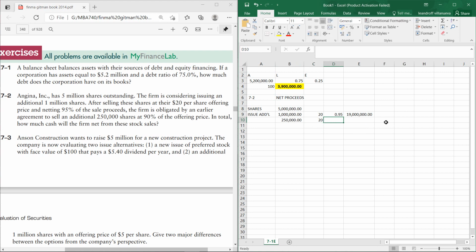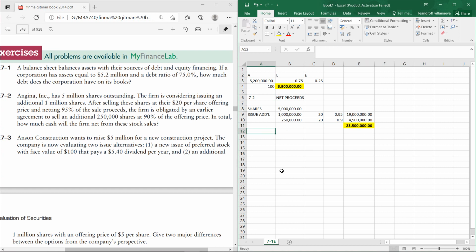So it's still 20, but in this case it will be 90%. So how much would that be? So let's just copy this one. So we have 4,500,000. So we just have to sum it up. So you have 23,500,000. So that will be the answer for 7-2.